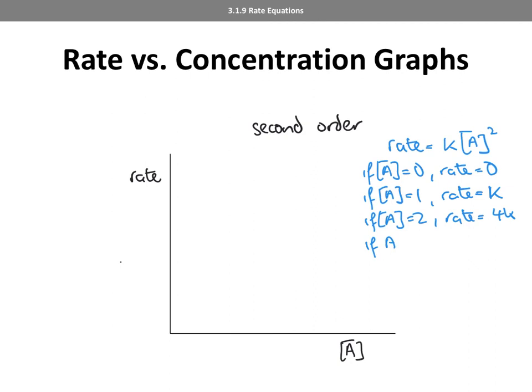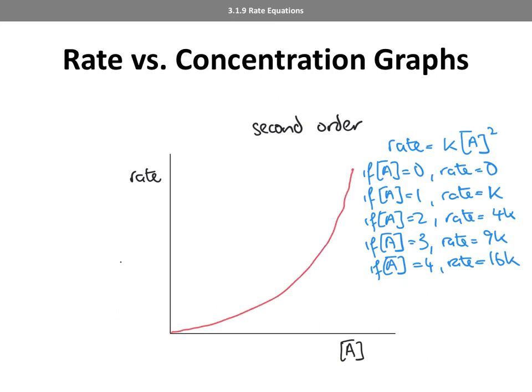If the concentration of A is 3, then the rate equals 9K. And then just to do one final one, if the concentration of A equals 4, then the rate equals 16K. So we can see a different shape here, and what we would have is something like that.